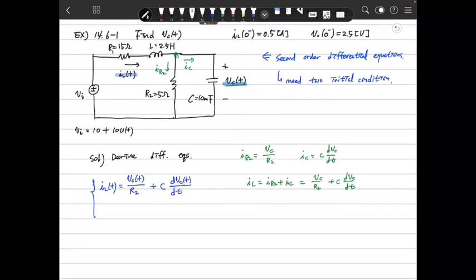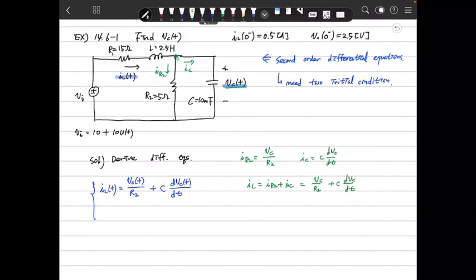Next is vC. To get vC, we have one more equation including vI.